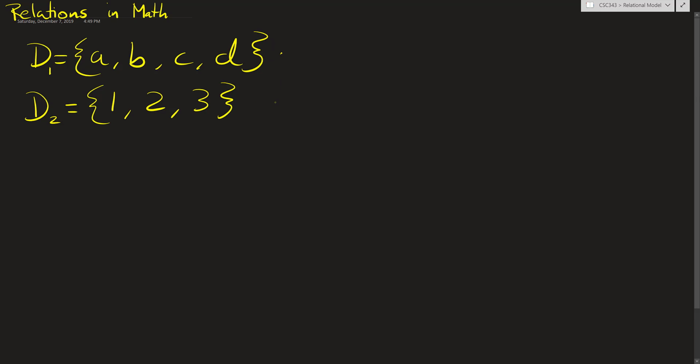So these are two different sets, and we can have a relation that acts upon these two sets as a subset of the Cartesian product of these two. Let's say we took the Cartesian product, D1 cross D2. This is the combination of all tuples where the first comes from D1 and the second comes from D2.